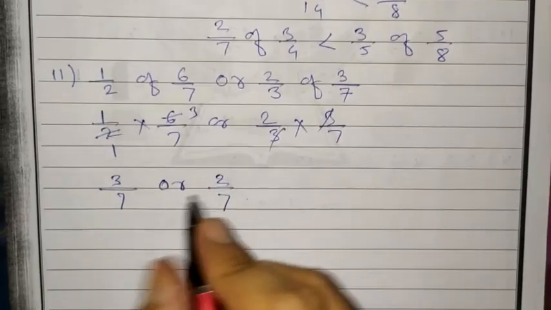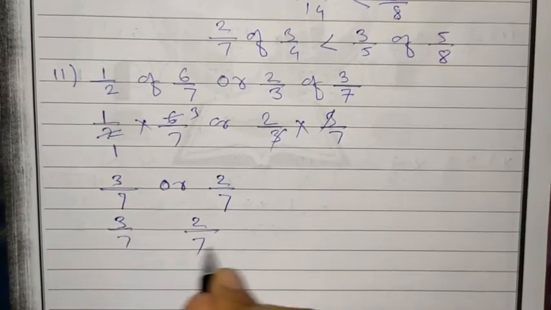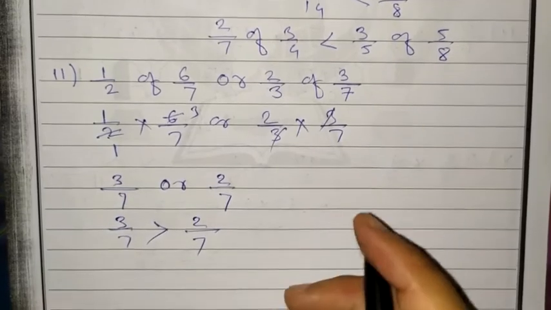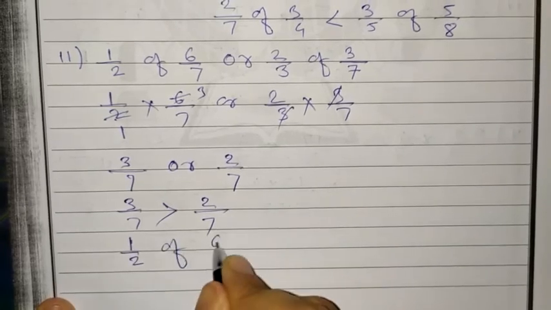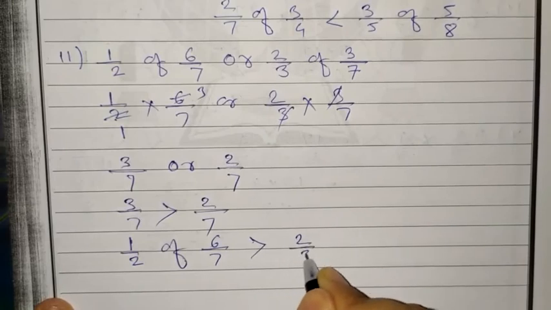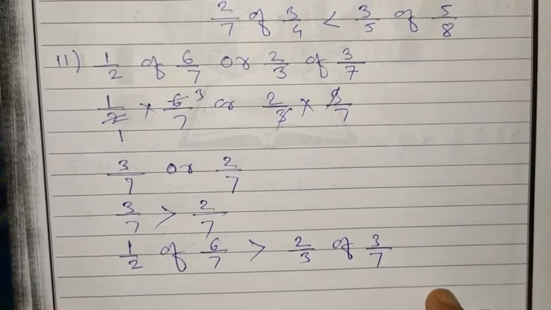So this one is quite easy. 3 upon 7, 2 upon 7. So their denominators are the same. So the greater numerator will be greater. So we conclude that 1 upon 2 of 6 by 7 is greater than 2 upon 3 of 3 upon 7. Got that? So this one is quite easy.